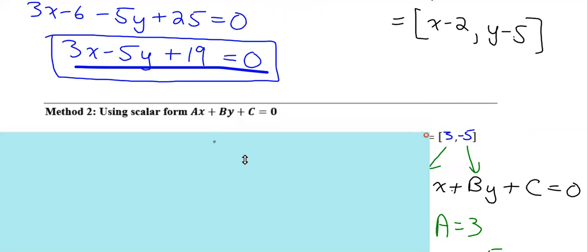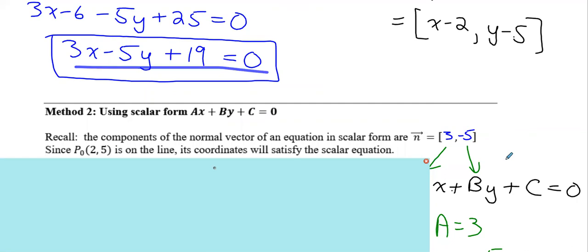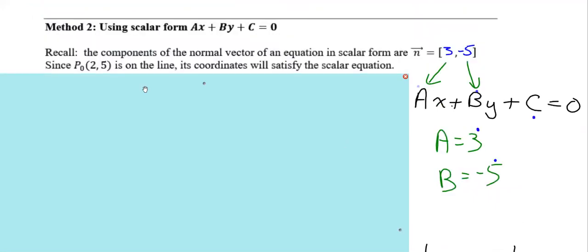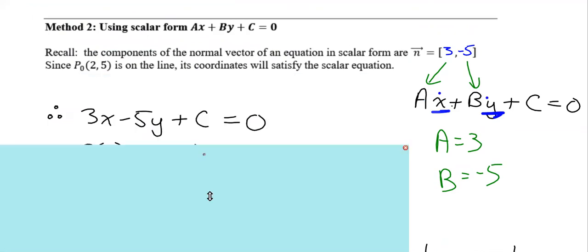Alternatively, using the scalar form, we already know that those components of the normal vector are going to be the same as the a and the b. So very simply then, if we have the a value and the b value, and we know it should result in c, and we also know it passes through point (2, 5), we can also replace the x and the y, much like you would have done in grade 9 finding equations of lines.